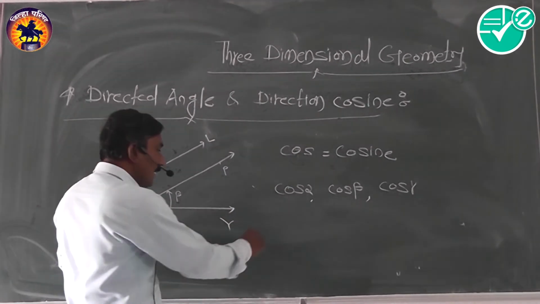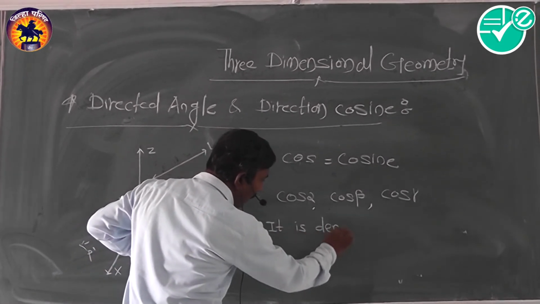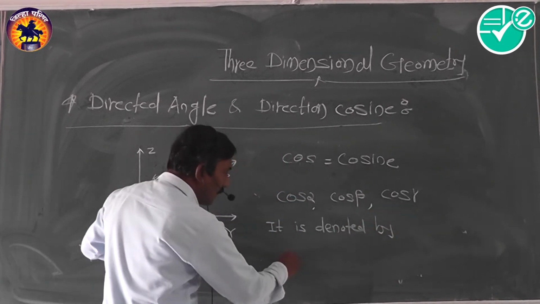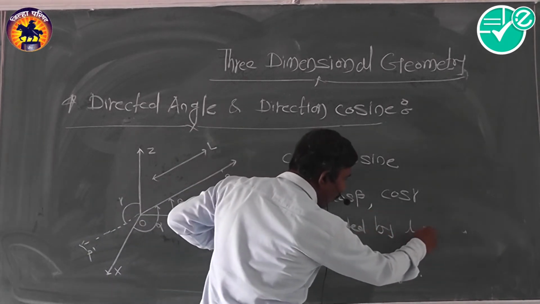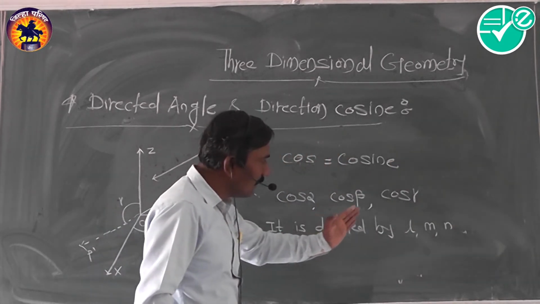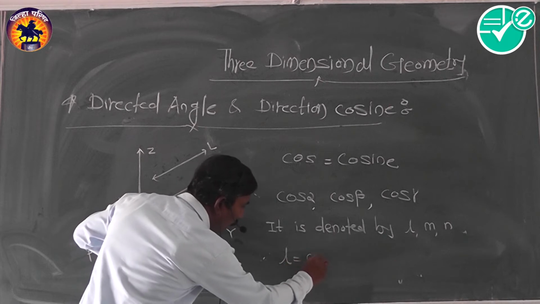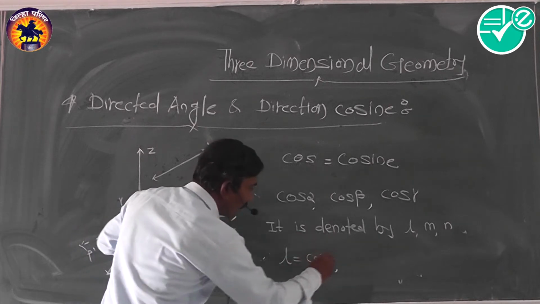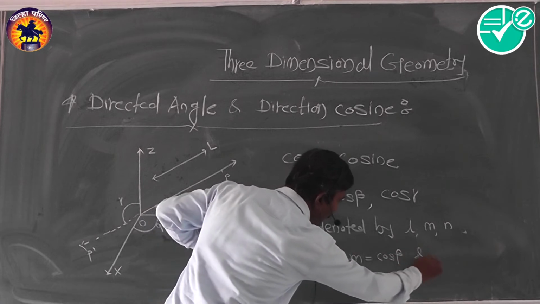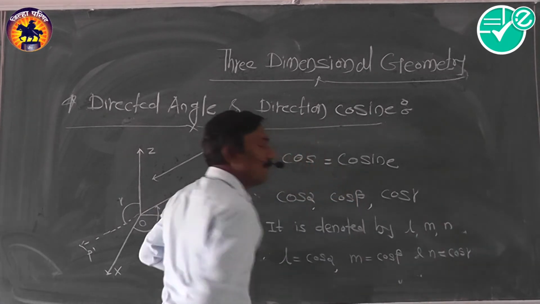And they are denoted by small l, m, n. That is, we can write l is equal to cos alpha, m is equal to cos beta, and n is equal to cos gamma.